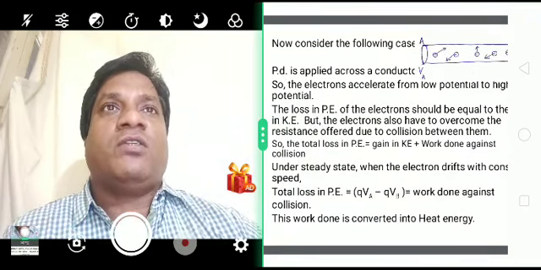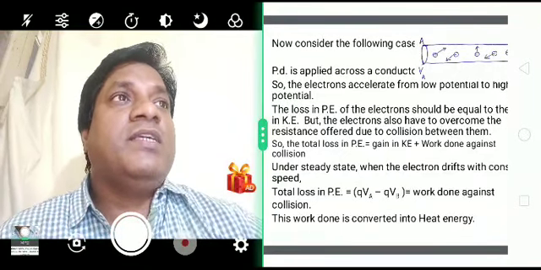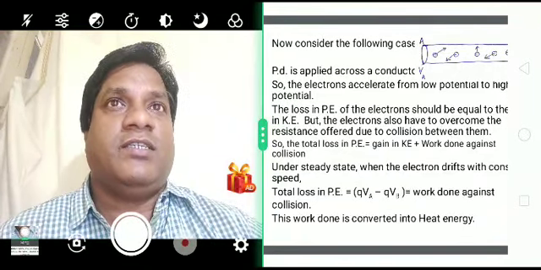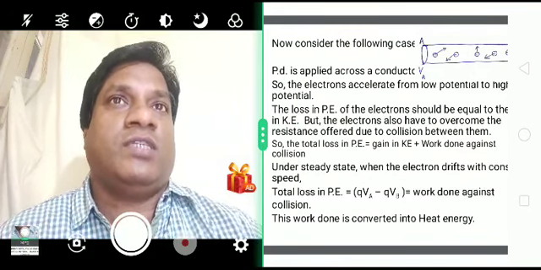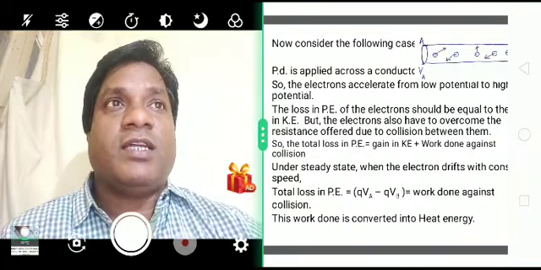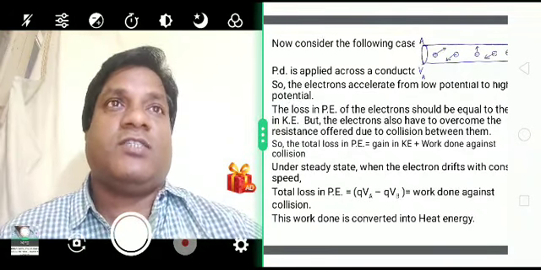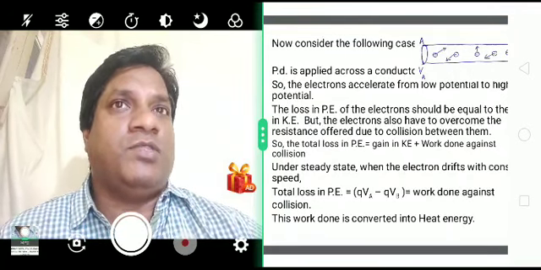So the loss in potential energy of the electrons should be equal to the gain in kinetic energy in an ideal case when no resistance was there, as we have discussed in the previous case. But the electrons here have to overcome the resistance offered due to the collisions between them.